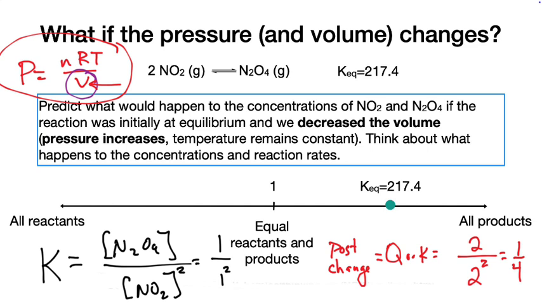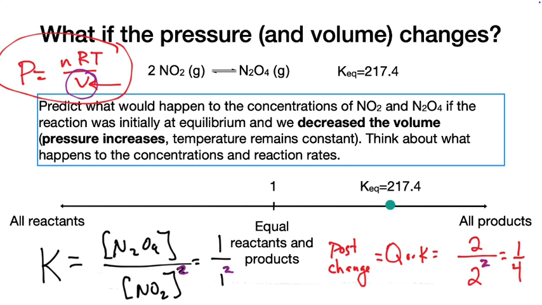So what does that mean? Changing the volume here did knock us out of equilibrium. Why? There was one small piece that caused us to get knocked out of equilibrium. Is it because the NO2 is squared?